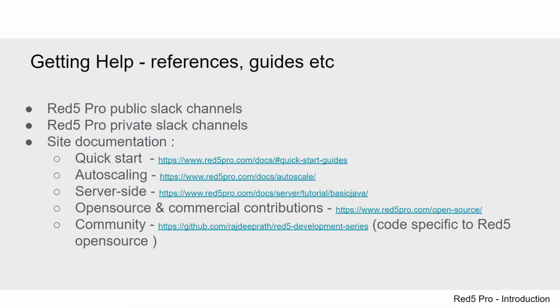So you can ask relevant questions in their topics. Your questions will be responded to by community members as well as Red5 Pro support agents. But it's also important to understand that the turnaround time is not guaranteed in the public Slack channels.